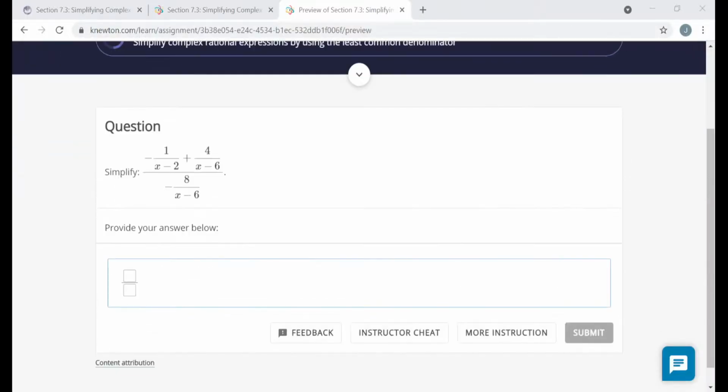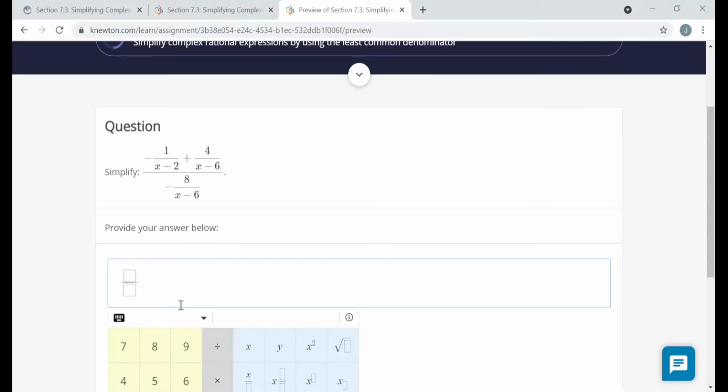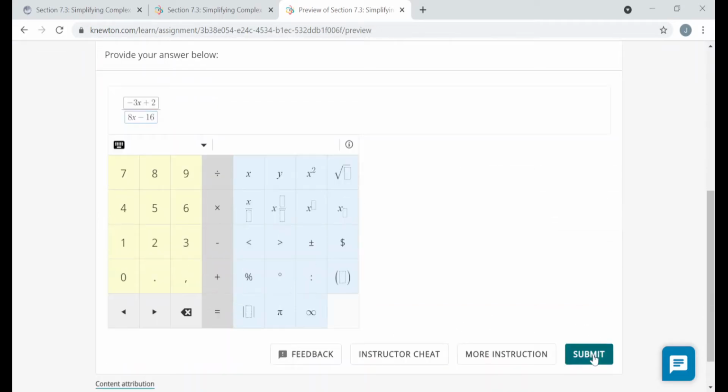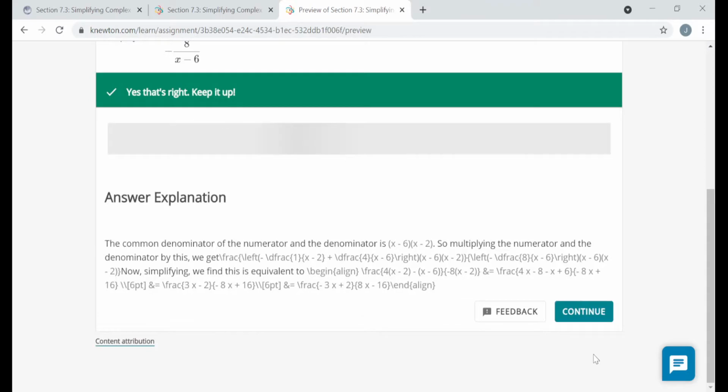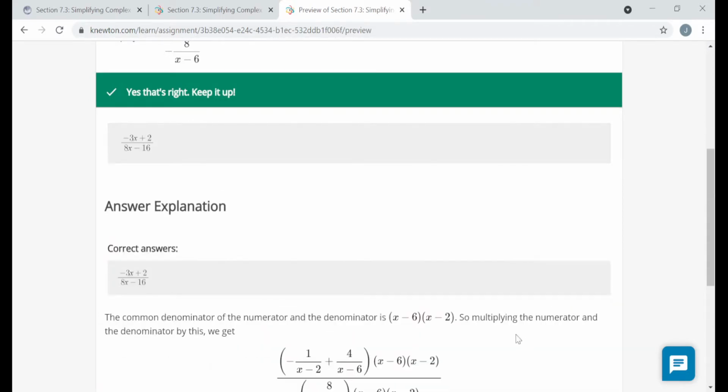So the numerator I had was negative 3x plus 2, and the denominator I had was 8x minus 16. And that should be as simplified as that gets, that should be good. Okay.